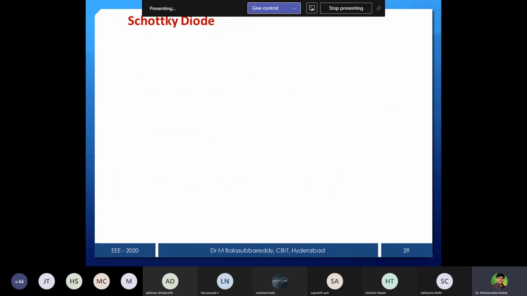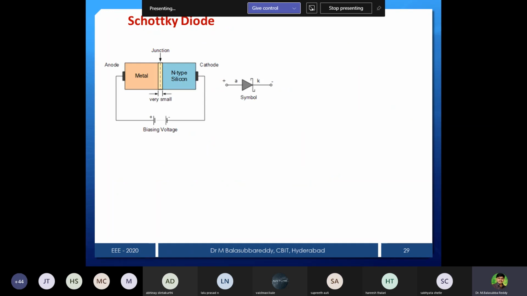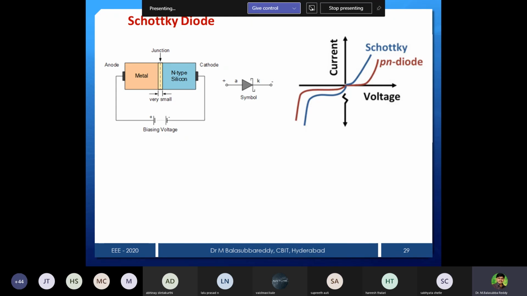And the last one is the Schottky diode. There is just one small difference: the junction is removed, nothing else. Because of the PN junction, it takes some voltage to conduct.